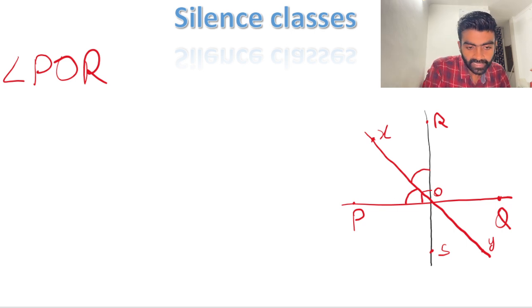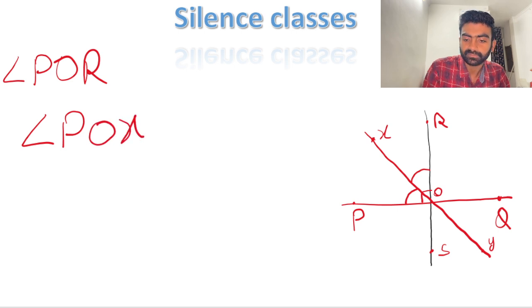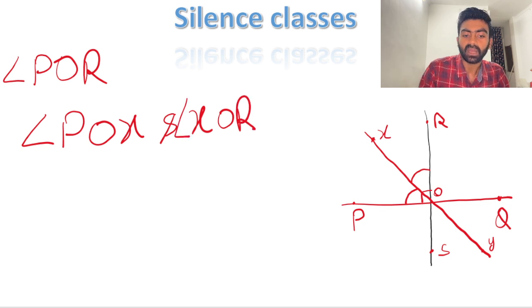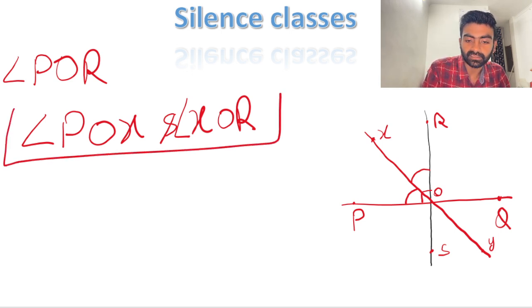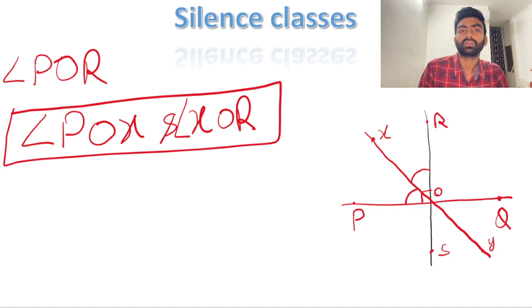So angle POX and angle XOR are two adjacent angles and their sum is 90 degrees. This means these two angles are complementary, adjacent complementary angles.